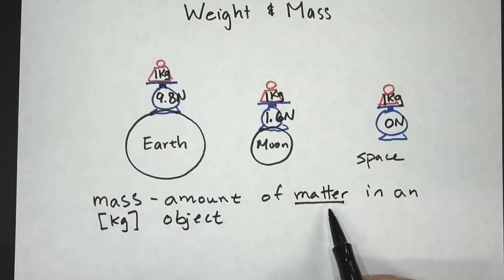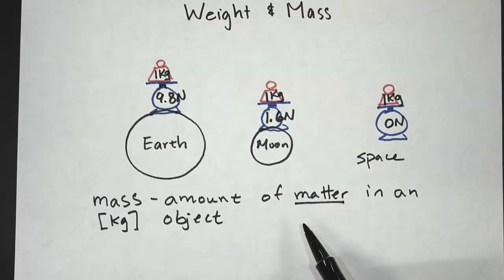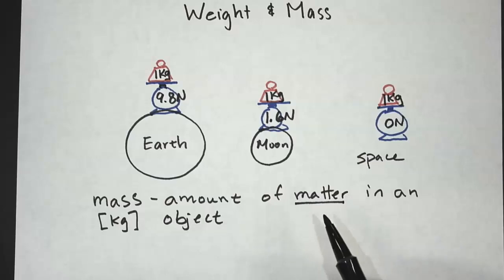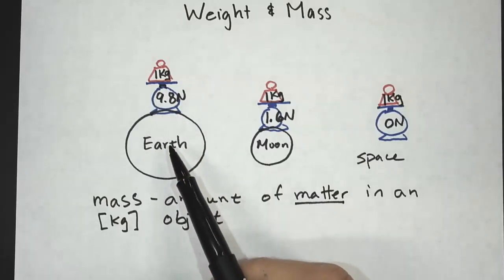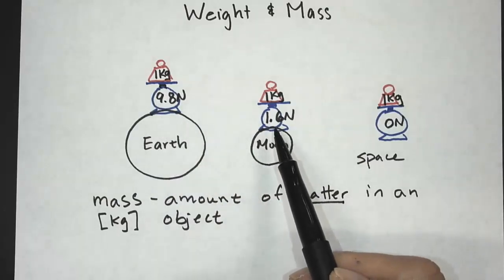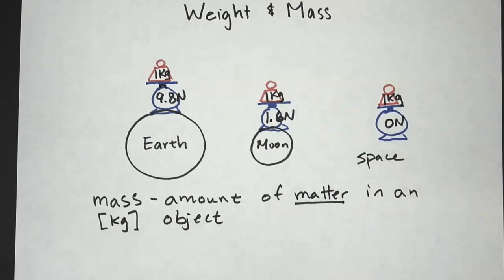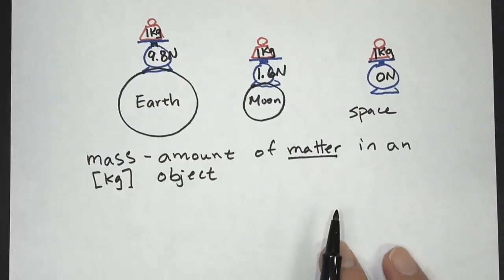You can think of it as the amount of stuff in an object, the amount and kind of atoms or molecules in an object, because those don't change. Whatever matter is in the object on Earth, it's going to have the same amount of matter on the moon and in space. So the mass does not change when you take it from one location to another.